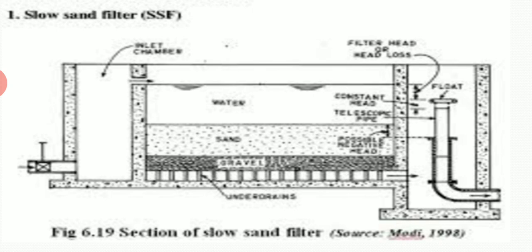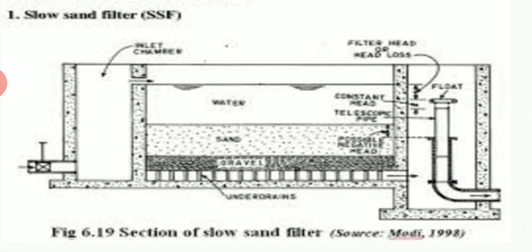The uniformity coefficient for this filter media is from 2 to 3. So the filter media we are using here is sand, the thickness of the sand layer is 90 to 110 centimeter, and the uniformity coefficient, that is the D60 to D10 ratio, is 2 to 3.